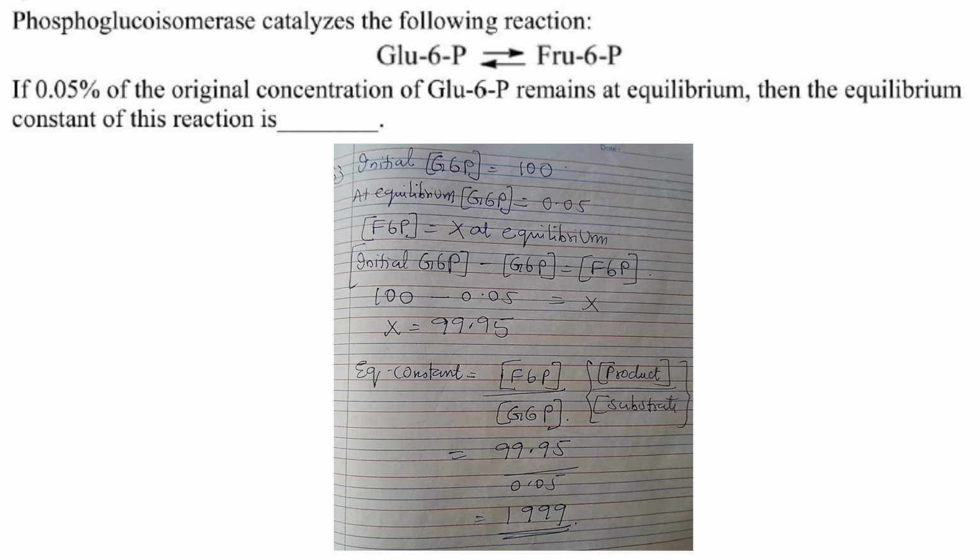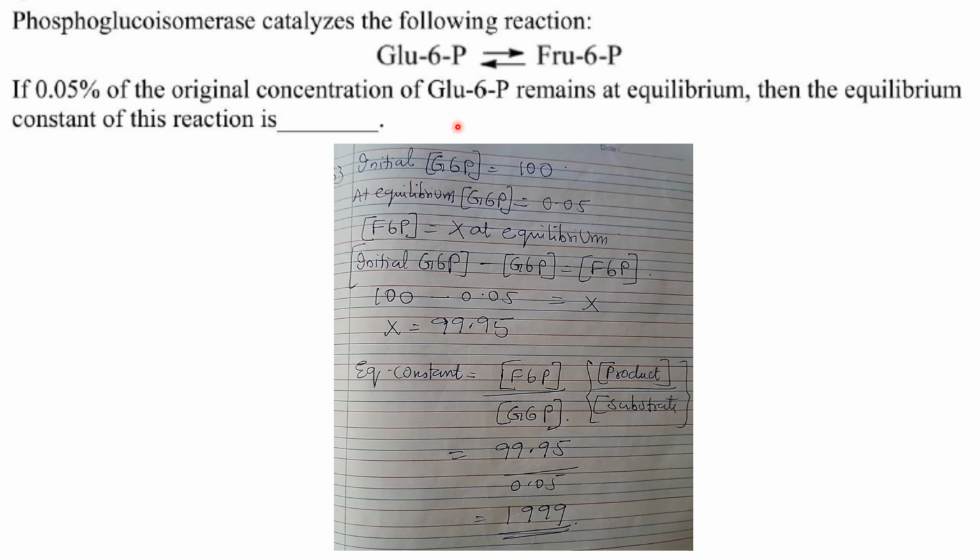Then next one. Phosphoglucoisomerase catalyzes the following reaction, that is glucose 6-phosphate to fructose 6-phosphate. 0.5% of the original concentration of glucose 6-phosphate remains at equilibrium. Then the equilibrium constant of this reaction is... So the equilibrium constant is given by the formula concentration of products by concentration of the reactant, or the substrate here.